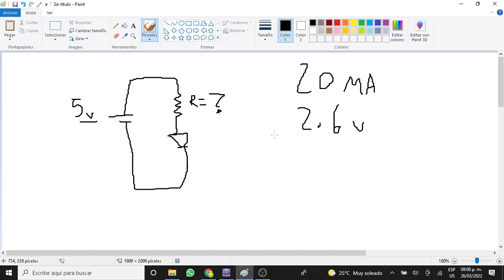So for this, we have a formula. I'm going to write this. This is the law of Ohm. The law of Ohm says that the current is equal to voltage divided by resistance.